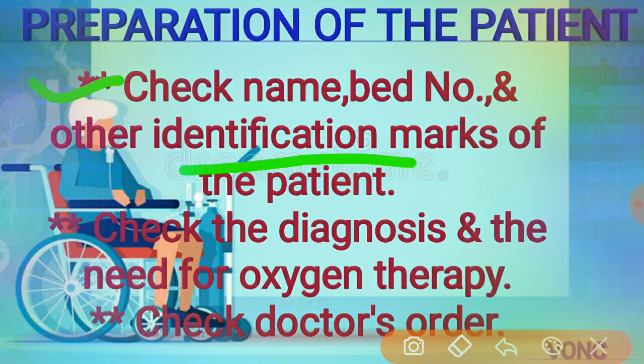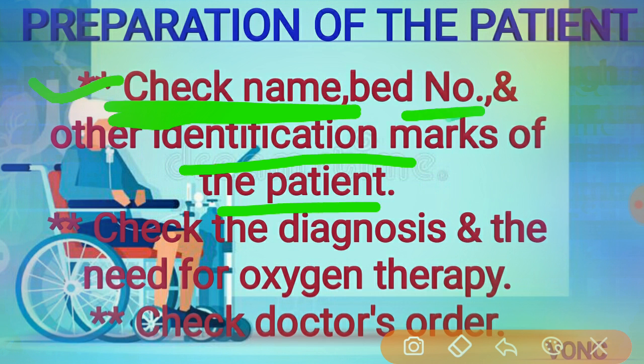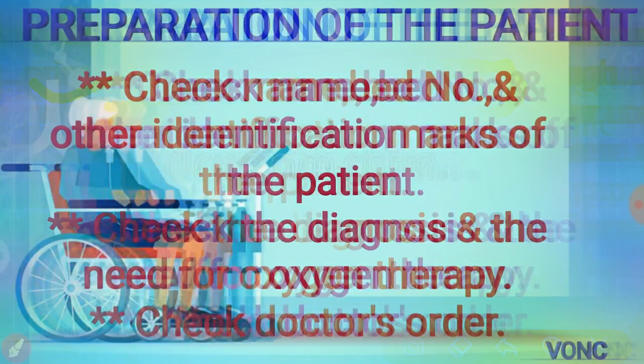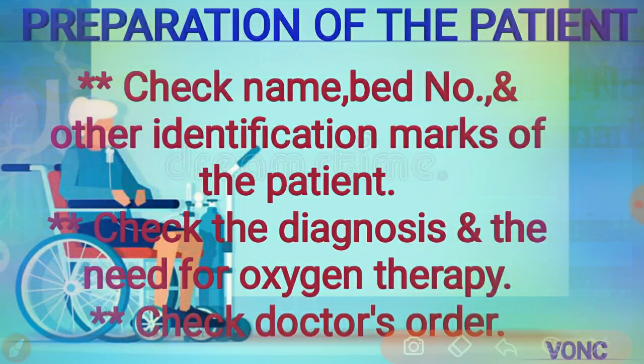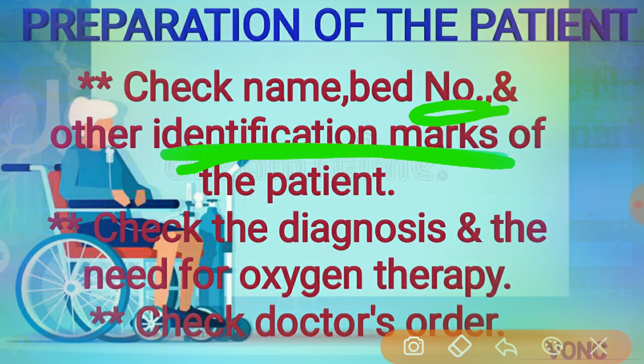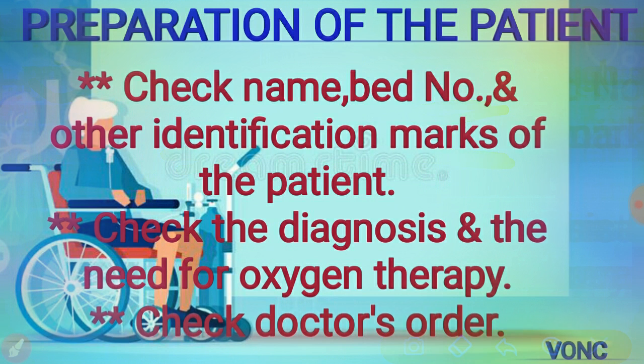If the name is the same, the bed number is usually different, but sometimes by mistake there is a change in the bed number, so we can identify the patient by their marks. Then we should check the diagnosis and the need for oxygen therapy.